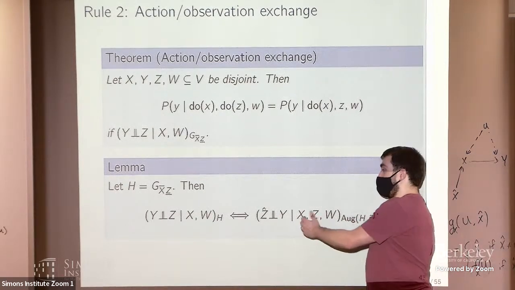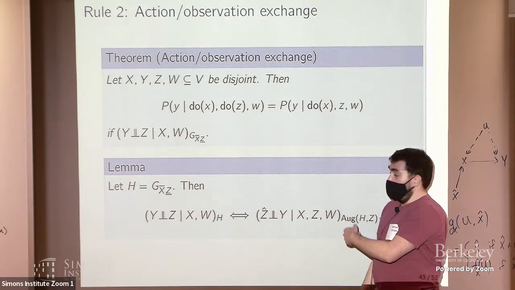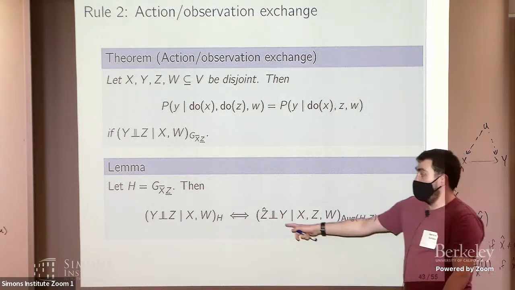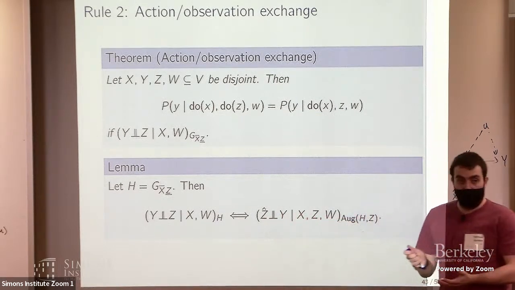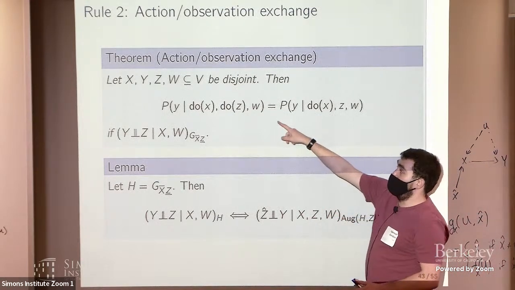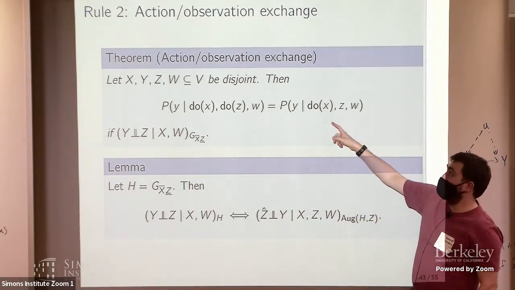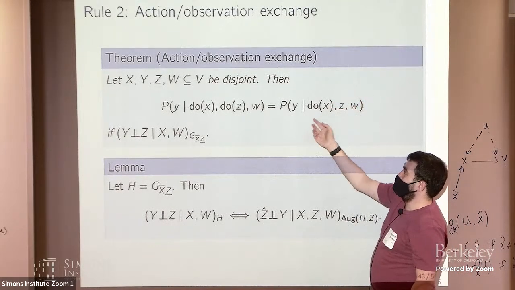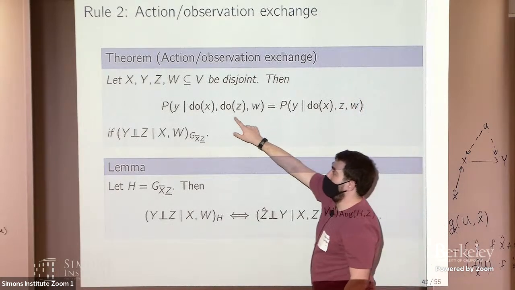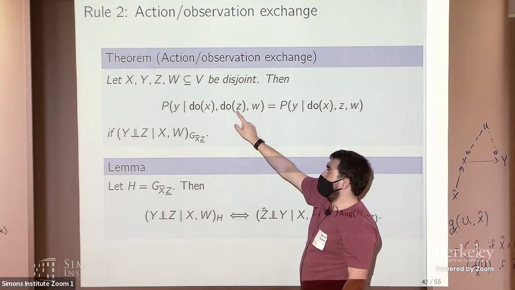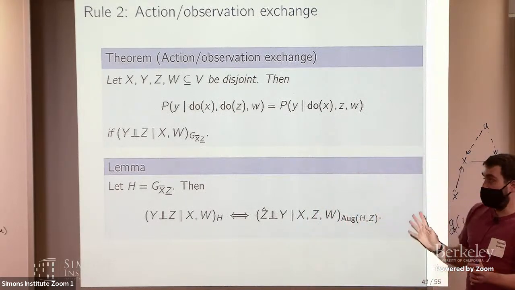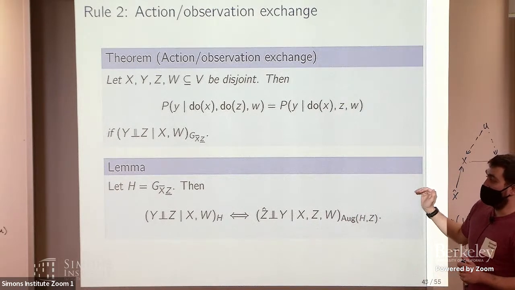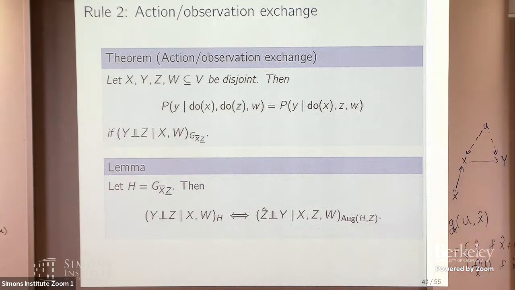It's saying that once I've observed X, Z, and W, telling me whether or not Z was obtained via an intervention doesn't give me additional information about Y. So it says that I can switch between doing Z and observing Z without any change in the resulting distribution on Y. Our first task is to prove this lemma, which is not too bad.